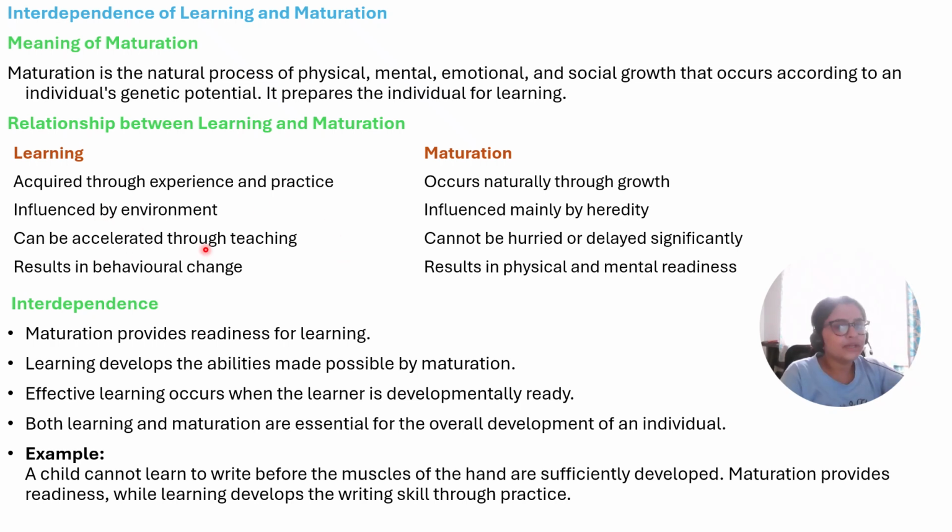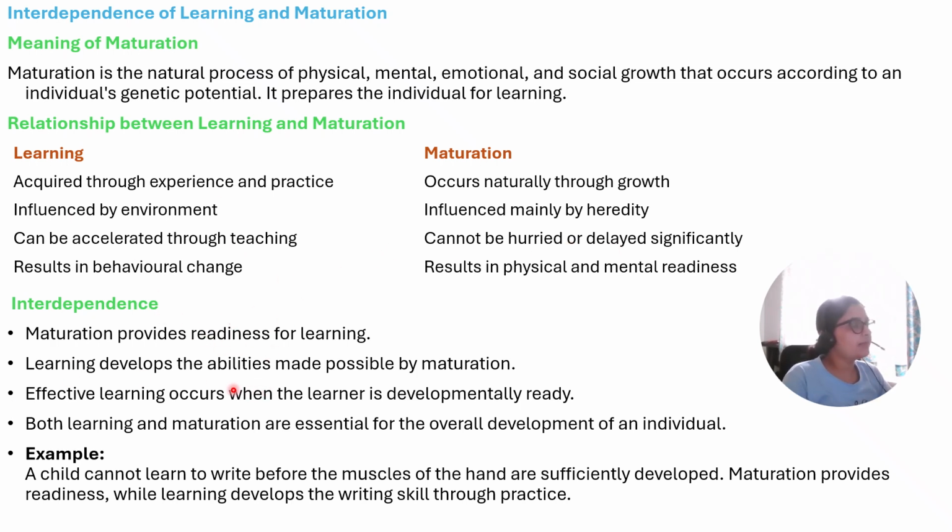There are various external agencies that can speed up learning, whereas maturation cannot be hurried or delayed significantly, because whatever genes you have, you cannot change your genes, right? Learning results in behavioral change. Maturation results in physical and mental readiness. Learning is related to behavior.